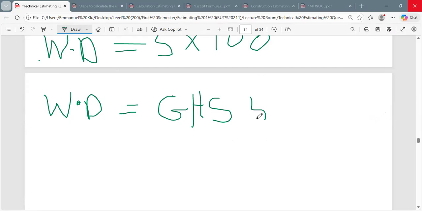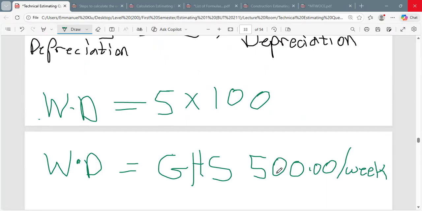So that is going to become 500.00 per week. Okay, so we are done with that one.